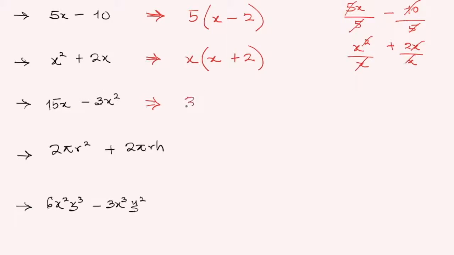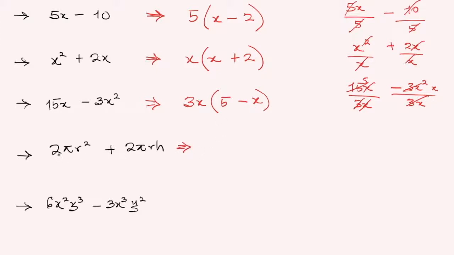So the common factor here is 3x, and then we'll divide each of these terms by 3x. 15x divided by 3x: x cancels x, and 3 goes into 15 to give us 5. And -3x² over 3x: 3x cancels out 3x to leave 1x. So that is going to be equal to -x.